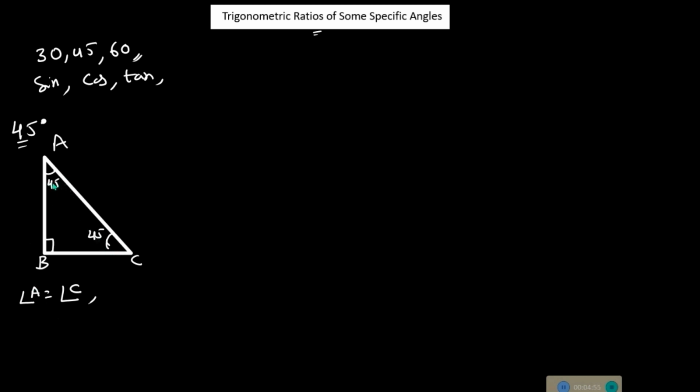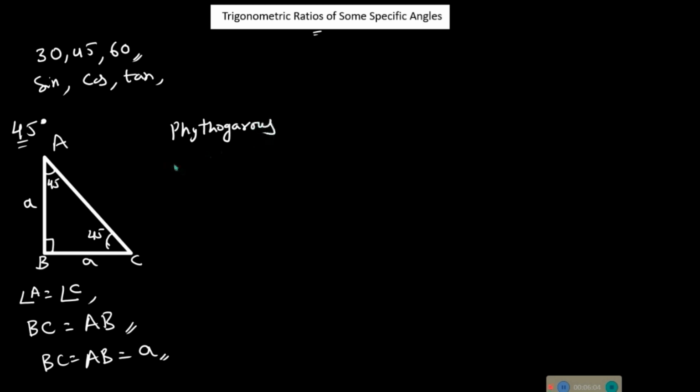Let's take the side opposite this 45 degree angle. That is BC, and the opposite side of the other 45 degree angle is AB. Those must be equal, okay? So let's take BC equal to AB equal to a small a. Now we can find out AC. This is a and this is a. How do we find AC? We know the Pythagoras theorem, right? So let's take the Pythagoras theorem.